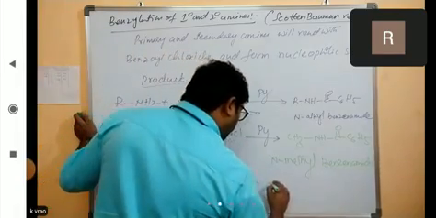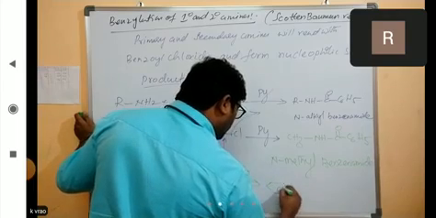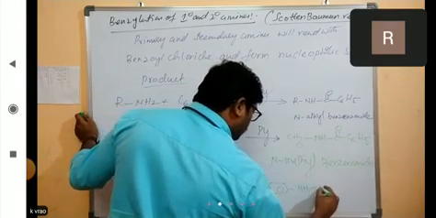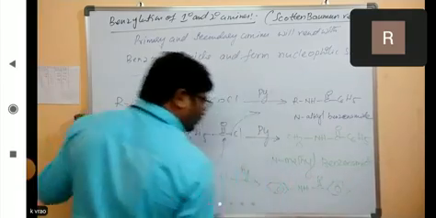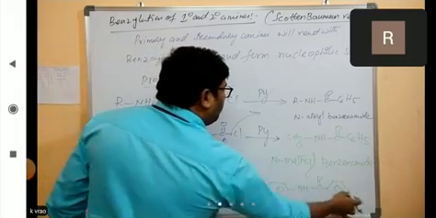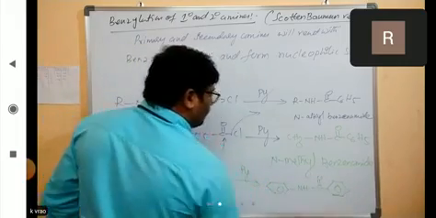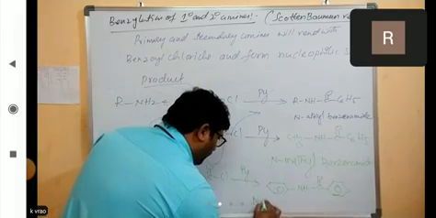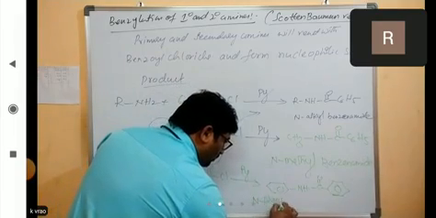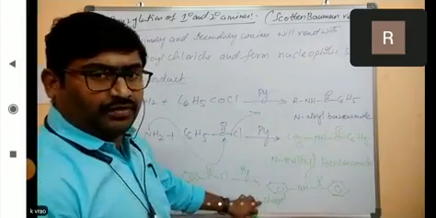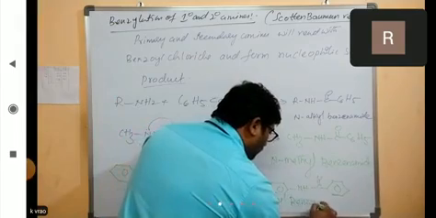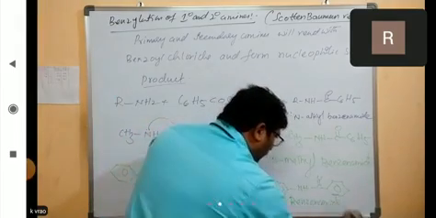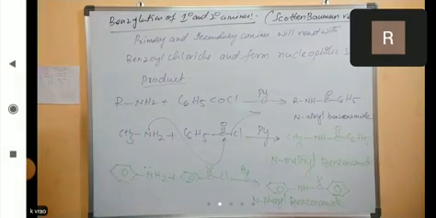Then you will get benzene NH C double bond O benzene. This is N-phenyl benzenamide.